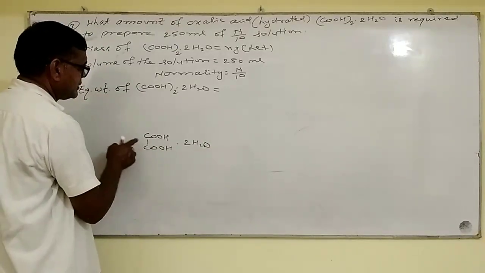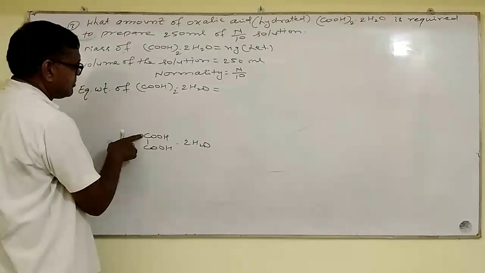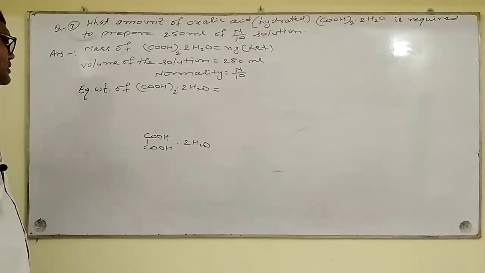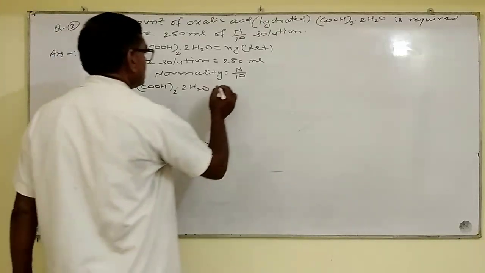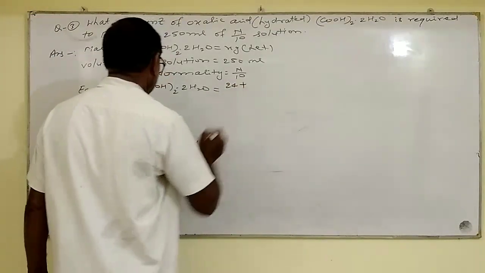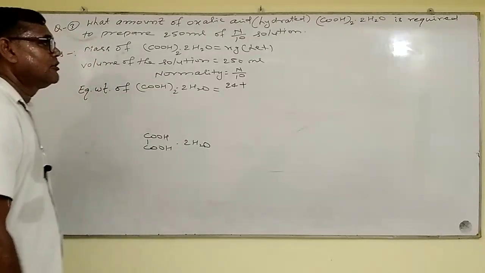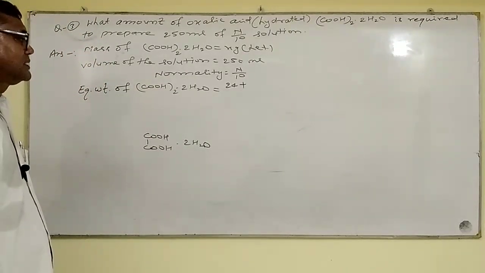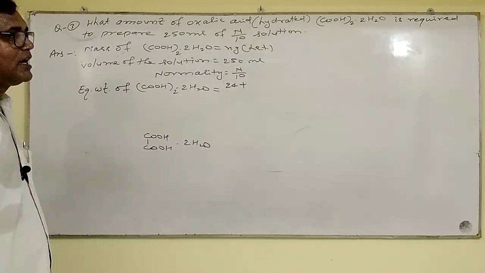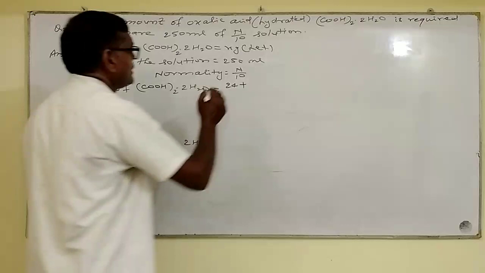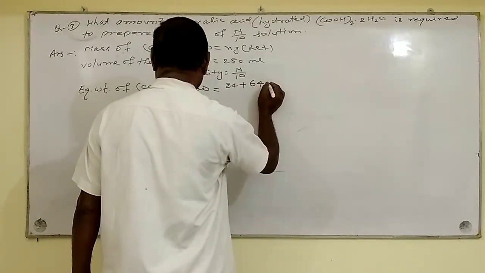In the question, number of carbon atoms 2, atomic weight of carbon is 12. We multiply 2 and 12, we get 24. Here number of oxygen atoms 4. Atomic weight of oxygen is 16. We multiply 16 and 4, we get 64.